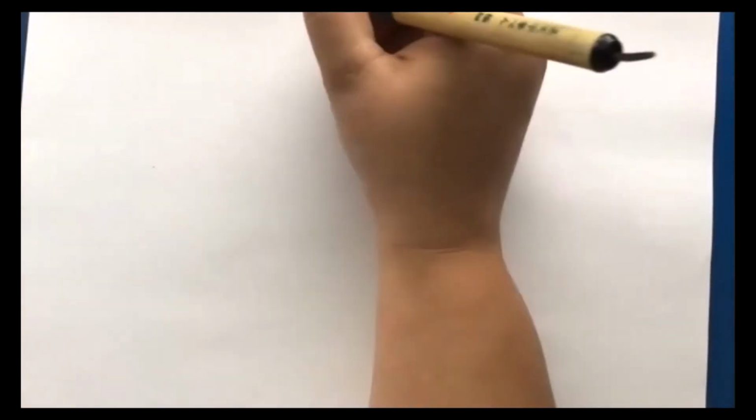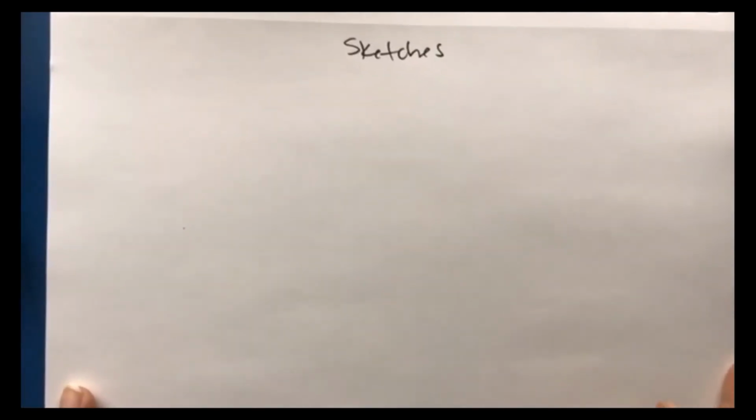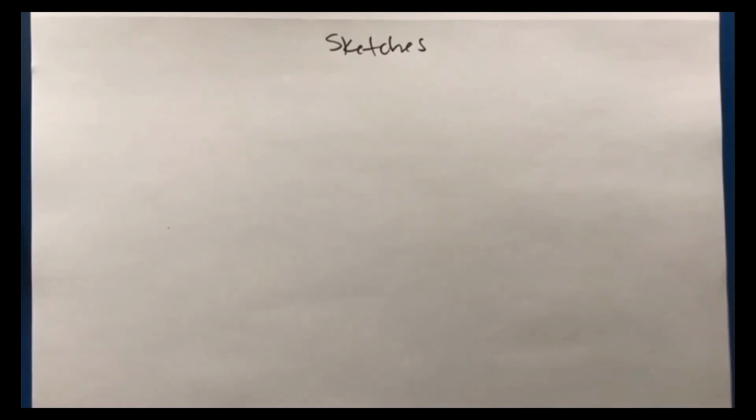So when I'm creating sketches, you want to decide, sorry, it would be nice if you saw what I was writing, what direction you want your artwork to go. And this is going to be on the standard paper that you were given.